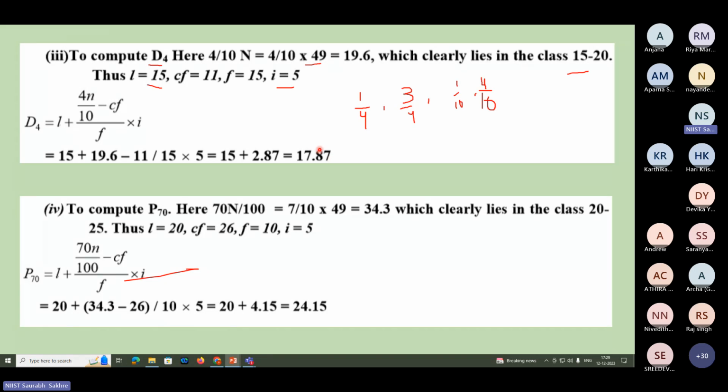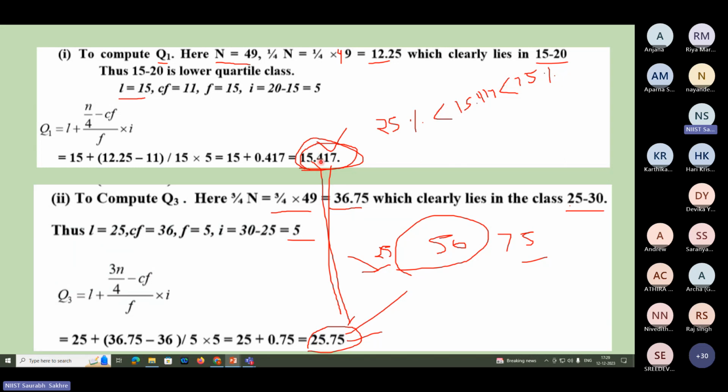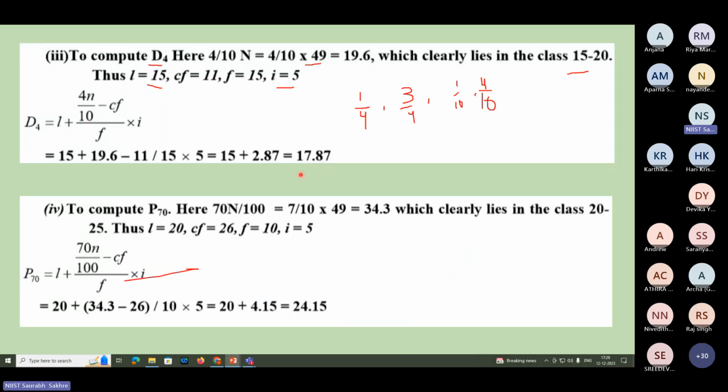Here it was 15.417 marks, here it is 17.87 marks. So when I'm increasing the percentage of students, of course marks will also increase. By increasing about 2 marks, I can say that 40% of the students are having marks less than 17.87, and naturally the remaining 60% are greater than this.